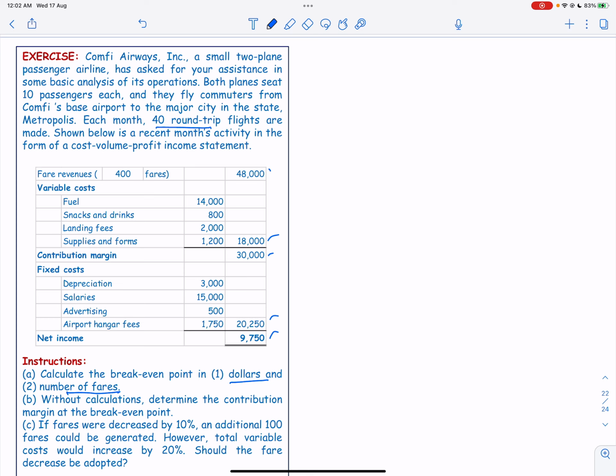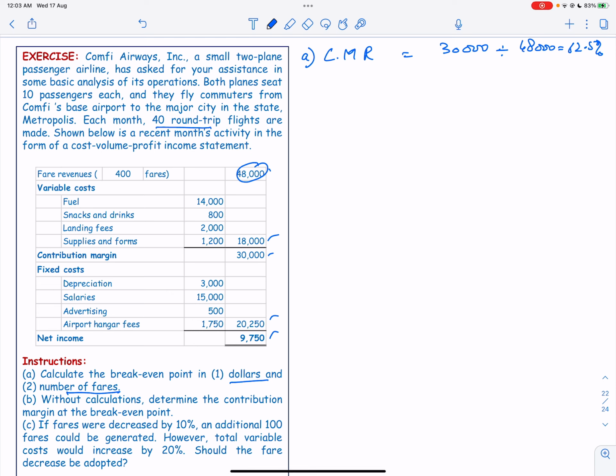So again we start with the contribution margin ratio, and the contribution margin ratio will be the contribution margin, that is 30,000, divided by the sales, that is 48,000. So this is equal to 62.5%.